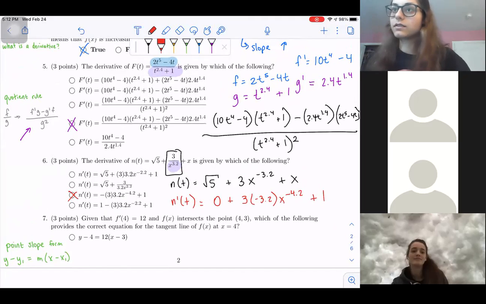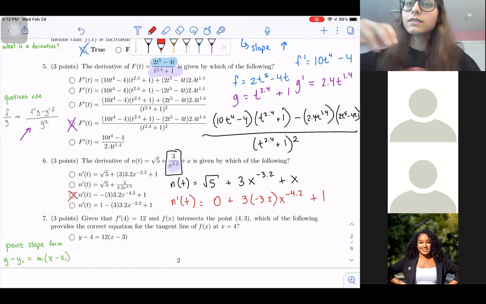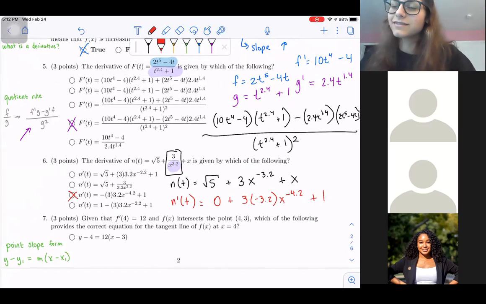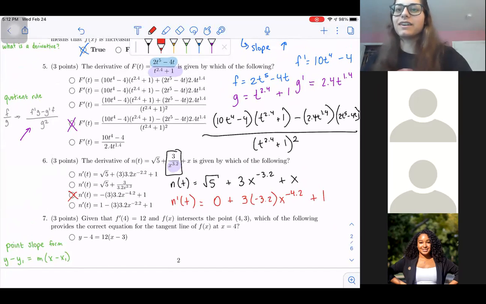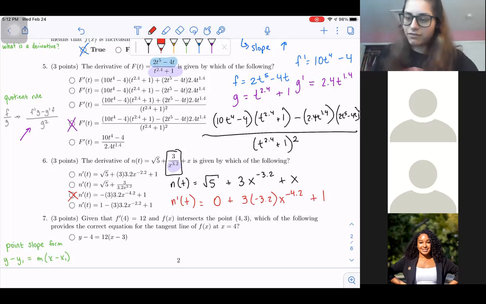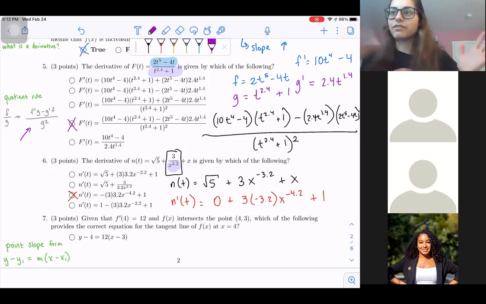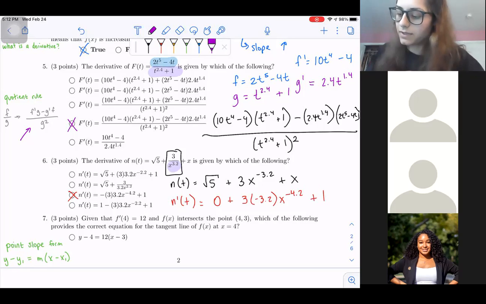I have a question. I guess my question is why wouldn't we multiply the 3 times the 3.2? Yeah, so you definitely would. But in this case, they're just giving it to you like that. So you just leave it like that. It's unsimplified. But if it wasn't multiple choice, if it was a free response, my next step would be to multiply 3 times 3.2.